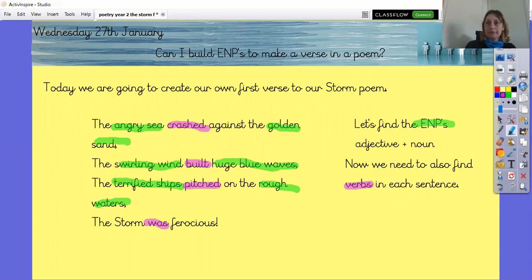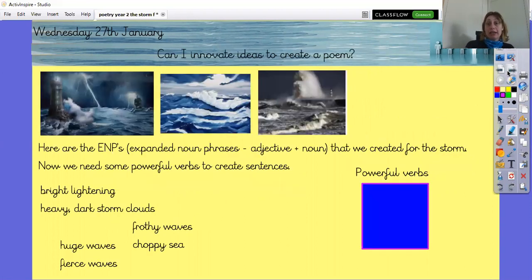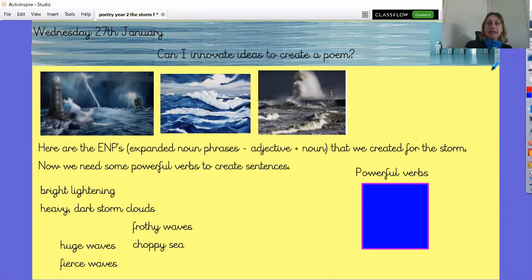Okay, so we are going to have a go today at building our own verse. So we've got our expanded noun phrases that we generated for those storm pictures, which we did yesterday. Now, in order to put those into a sentence to build a line for the poem, we're going to need to also have some powerful verbs.